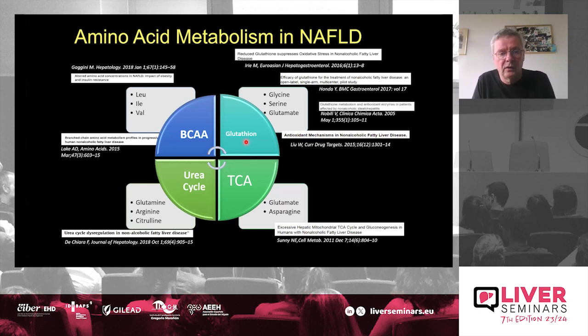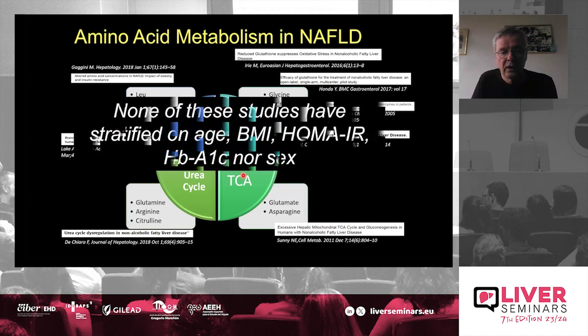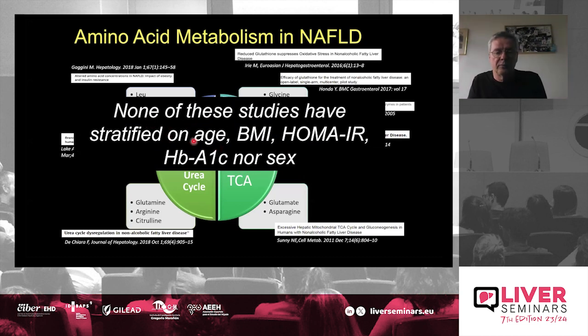And you find a lot of studies, I cite here a couple of them, that say, well, NASH presence is associated with BCAA elevation, or TCA cycle metabolite alterations are associated with NASH, and so on. But if you look in detail at all these studies, none of them stratify their patient population on age, BMI, HOMA-IR as a measure of insulin resistance, HbA1c, or sex.